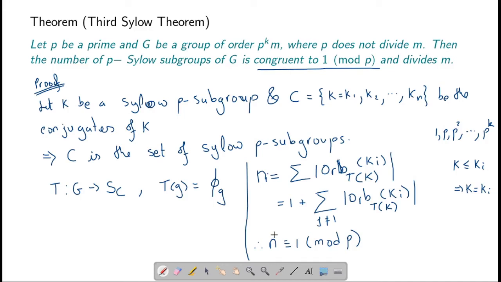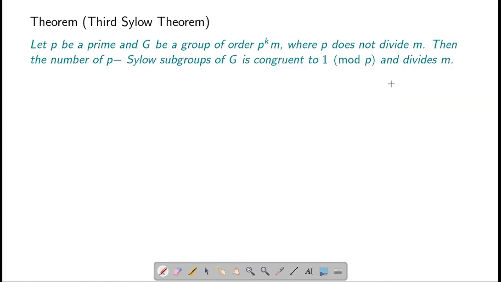The next thing we have to do is prove that n divides m. So let's see how we prove that n divides m. Again with the same idea, we know that n is equal to the index of G by N(K), which means that the number of elements in G is equal to n times the number of elements in N(K).